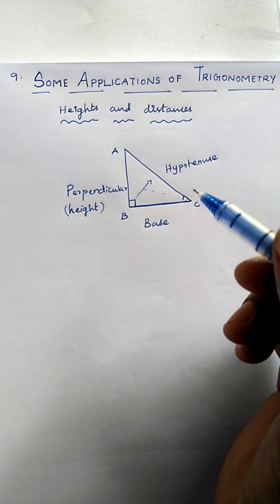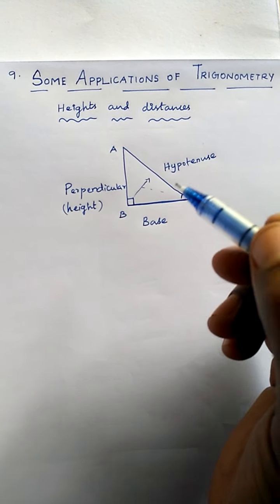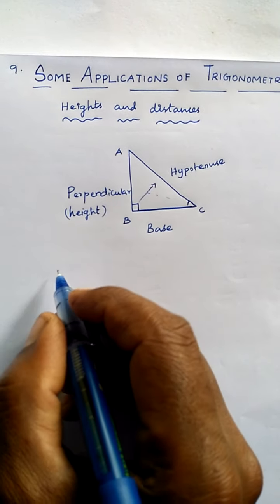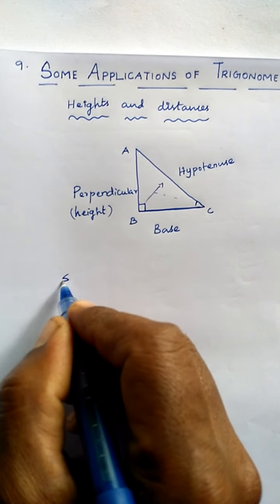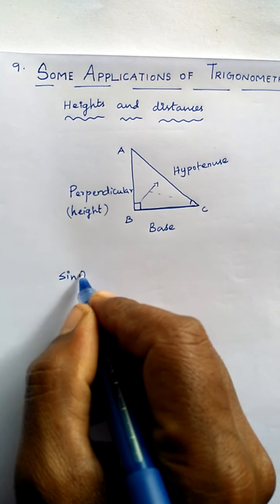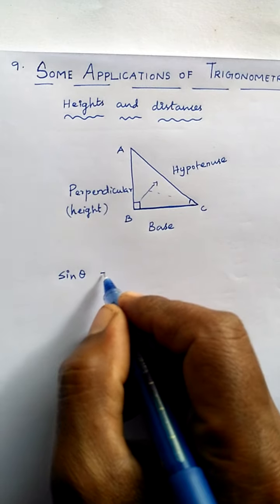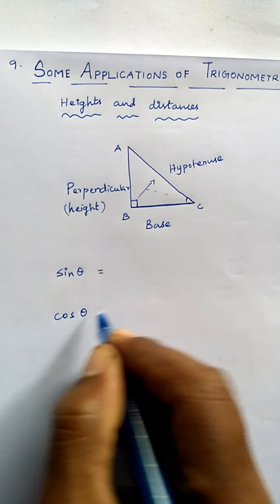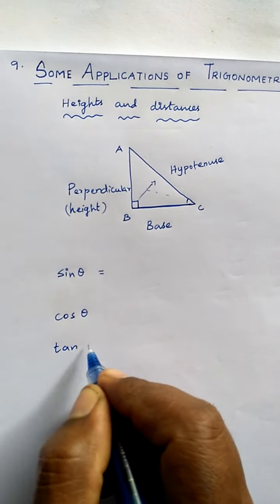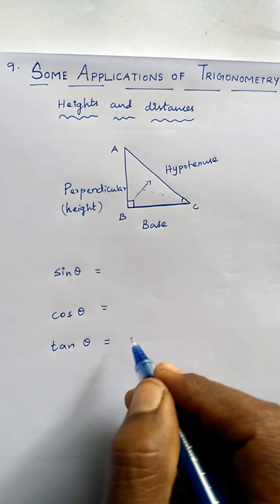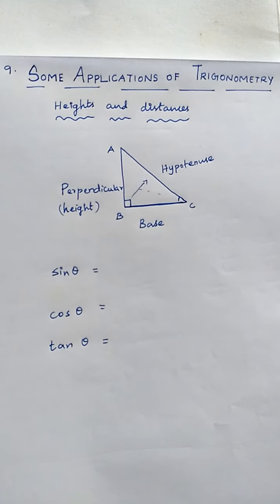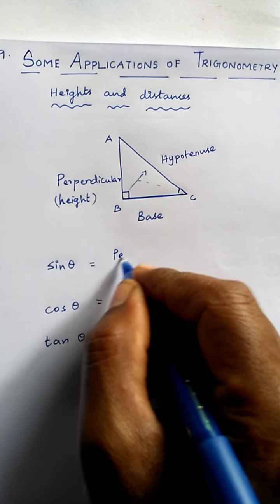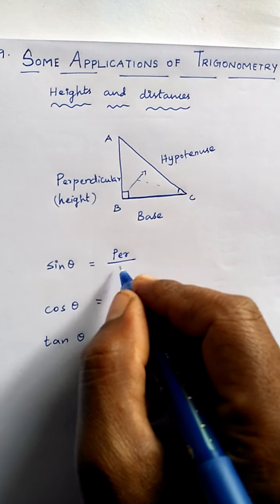Now let's go to the formulas. Whatever basic formulas we need, let's recall, then we can enter into the questions. Here we have three formulas, three ratios: sin theta, cos theta, and tan theta. These three only we will use in the whole chapter. Sin theta formula, based on the diagram, is perpendicular by hypotenuse.